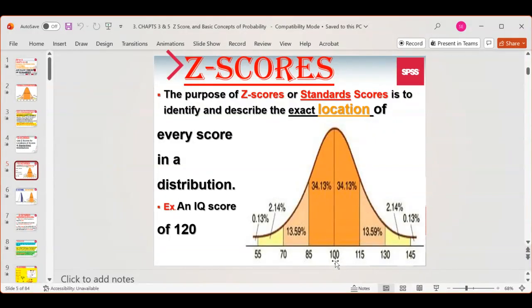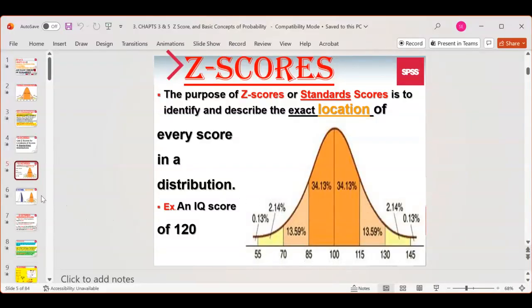So 100 is average IQ, and one standard deviation above and below is still average. We call them high average and low average. Now, 2 standard deviations above the mean will be very high average, and 2 standard deviations below the mean will be very low average. And then on the ends, it goes to extremely high or extremely low scores.